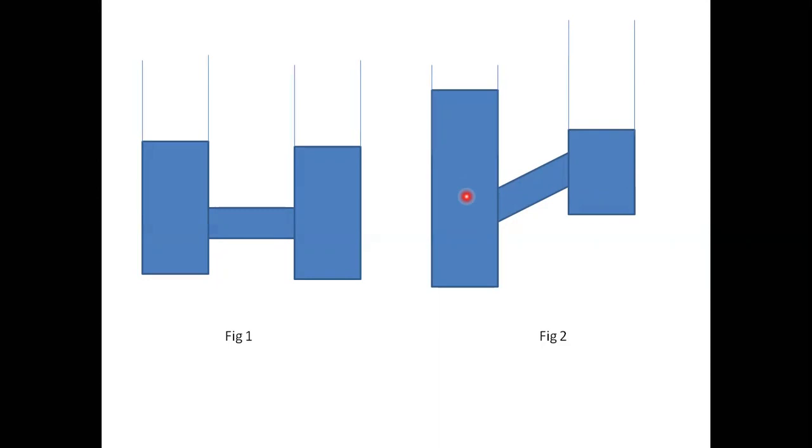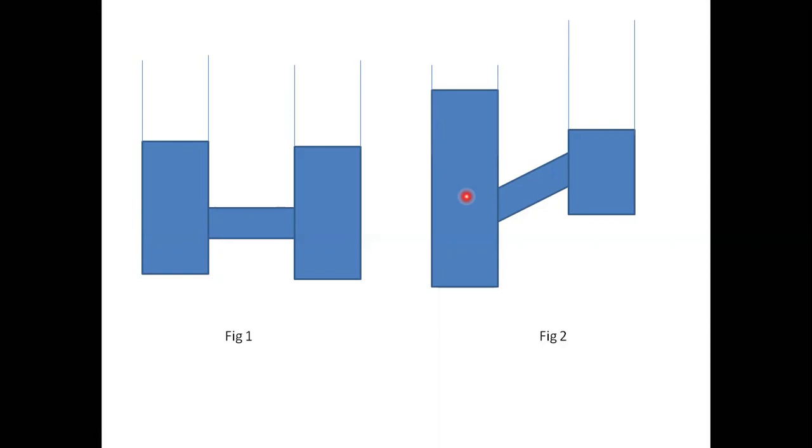That potential difference helps the electrons move from one point to the other through that wire. Clear? So we have understood how electrons flow in a wire due to potential difference.